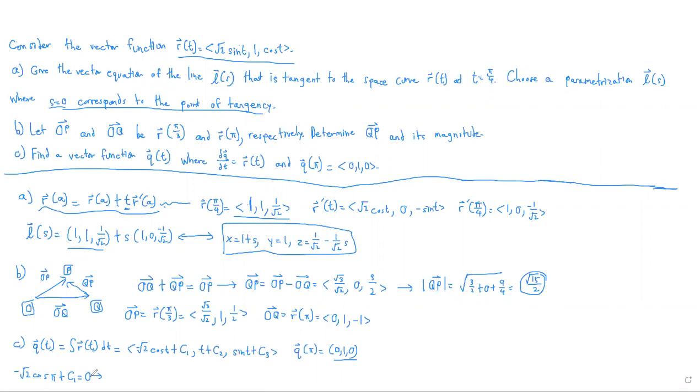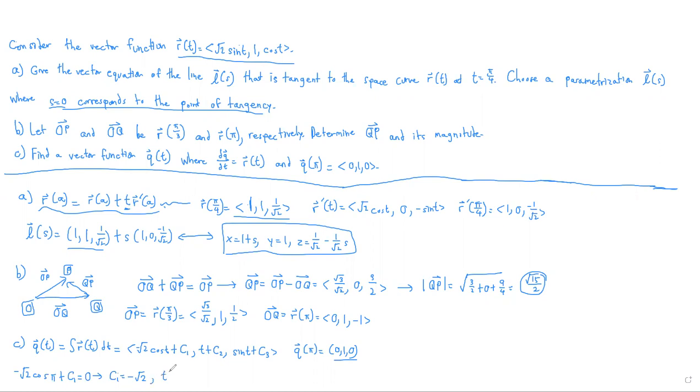This is root 2 plus c1 is equal to 0. So c1 is equal to negative root 2. Yeah, that's right. Okay.